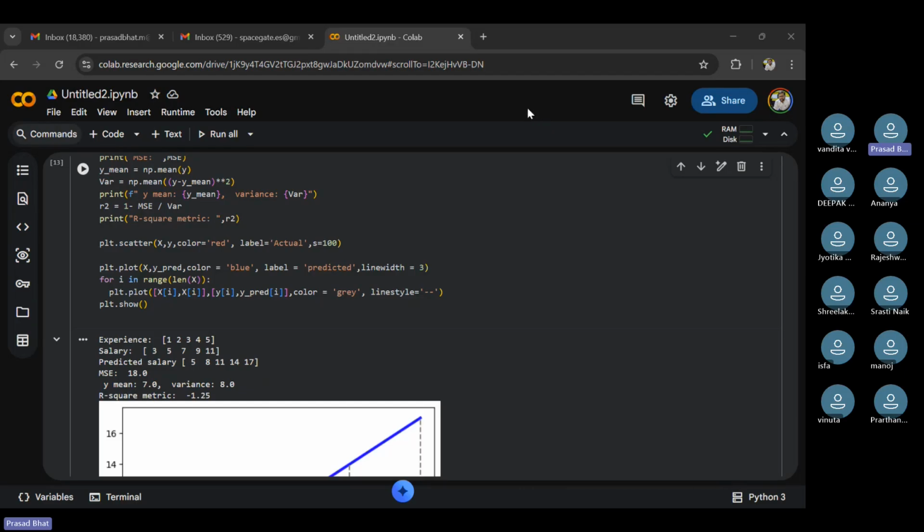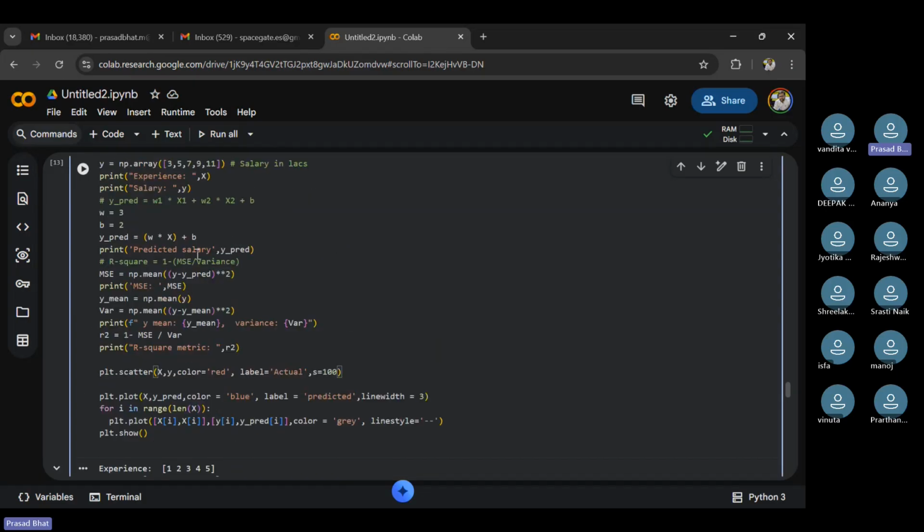Now, let's look at it from a different perspective. Look at the matrix here. Y mean is 7. If you look at the R square formula, it is nothing but 1 minus MSE divided by variance, right? Now, let us assume that in this MSE place, I put in the variance itself. What is variance?